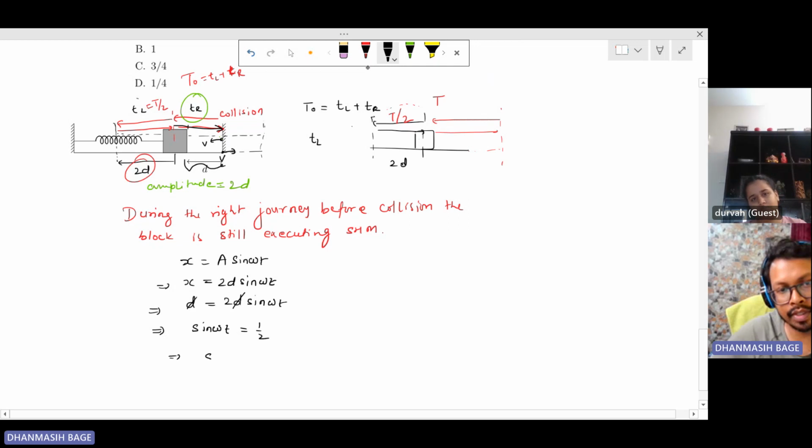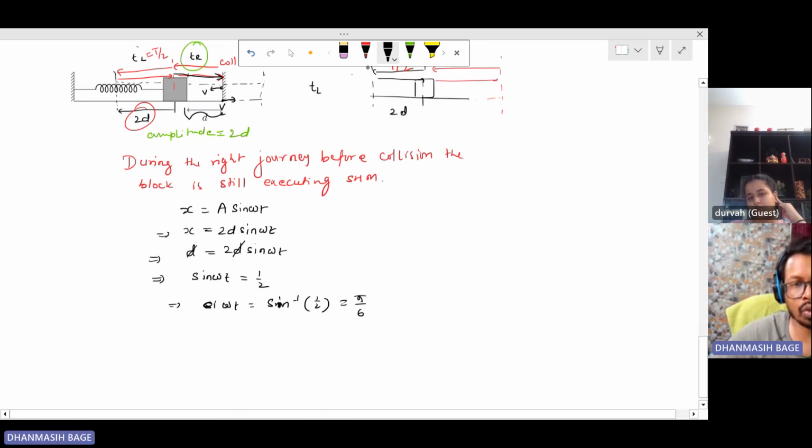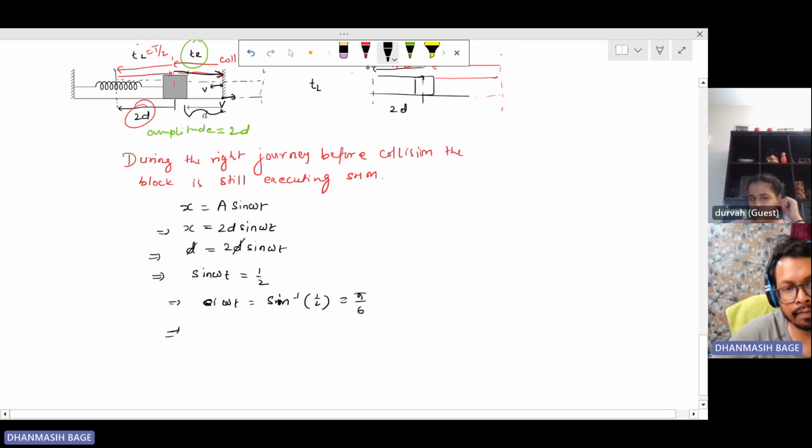That is, omega t is equal to sine inverse of 1 by 2, which is pi by 6, right? 30 degrees. So t will be equal to pi by 6 omega.